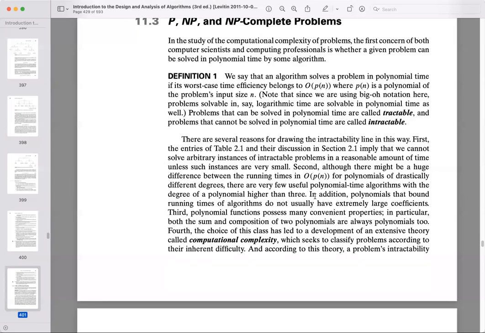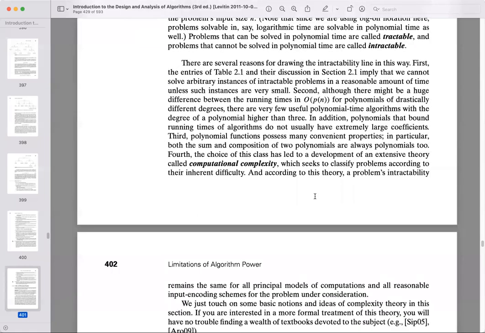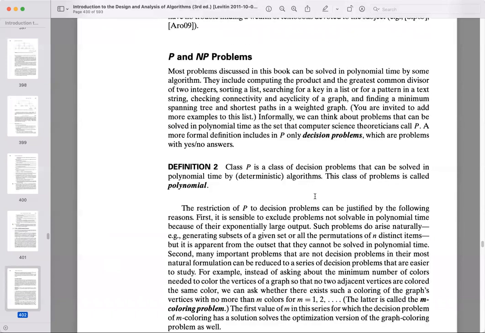Once this decision was made to make this the cutoff between relatively efficient tractable problems and intractable problems, it led to this whole theory called computational complexity, which seeks to classify these problems according to their difficulty.